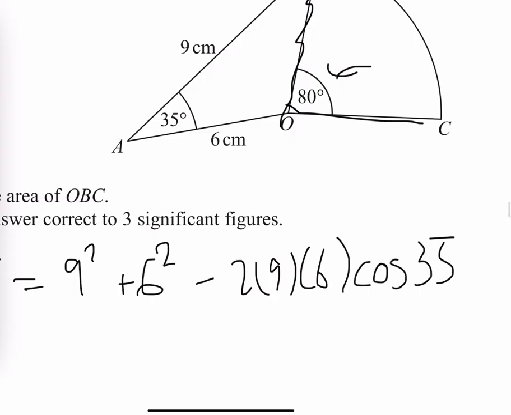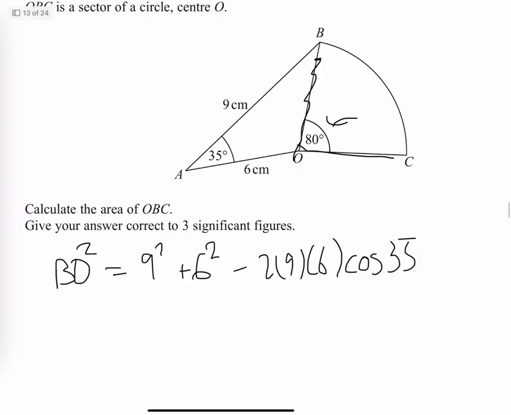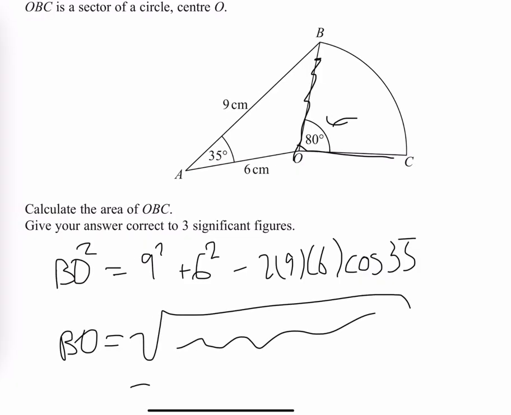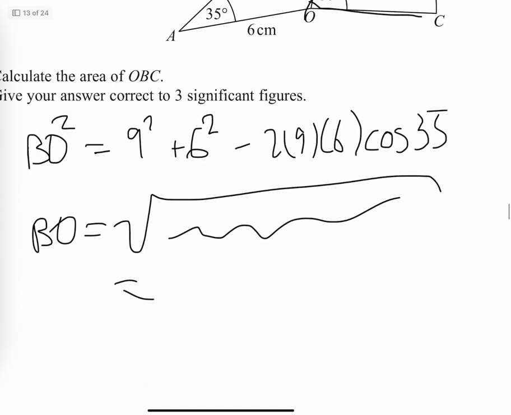Get your calculator up, find out what BO is by square rooting this term, which gives me BO is 5.34 whatever.